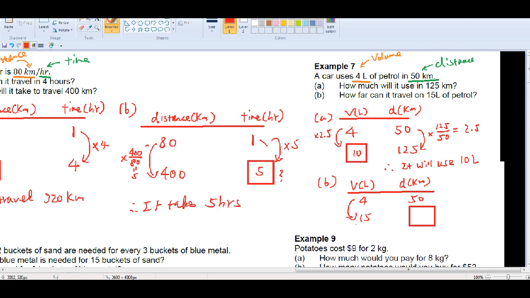From 4 to 15, what's the factor? Okay, so it's quite difficult, isn't it? So you actually times 15 divided by 4. So that would be 3.75 as a factor. So on this side, you times the same factor.